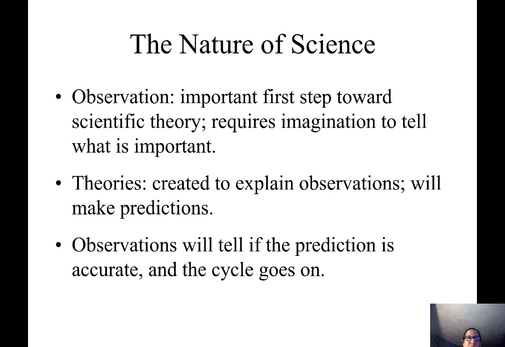And then based on the observations, theories were developed, and there were some smart scientists who were observing. For example, Newton observed an apple falling, and he gave a theory, and these theories explain the observations, and observations will tell if the prediction is accurate, and the cycle goes on.